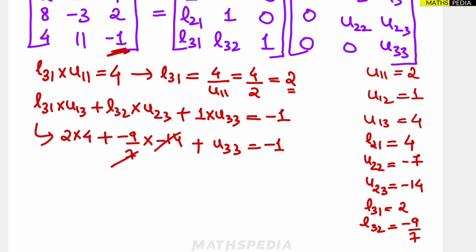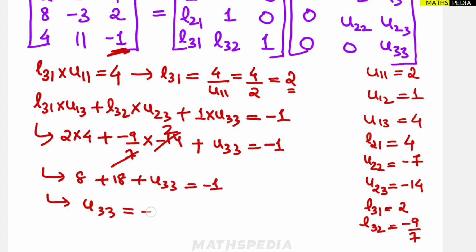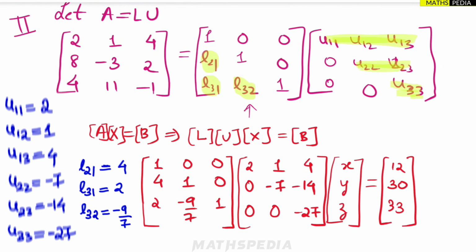So 7 and this will go, and this will become 2 4s are 8, plus minus 9 into minus 2 is plus 18, plus U33 is equal to minus 1. So shift everything that side. So U33 value will become minus 1, minus 8, minus 18, which is equal to minus 27. Okay, so we got all the values.